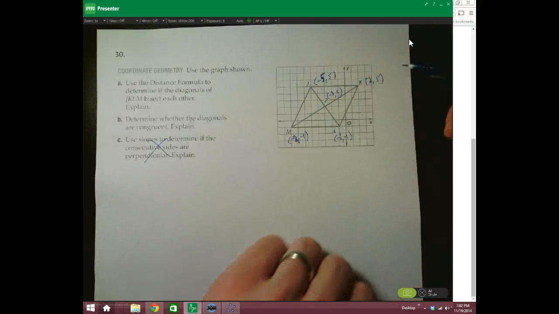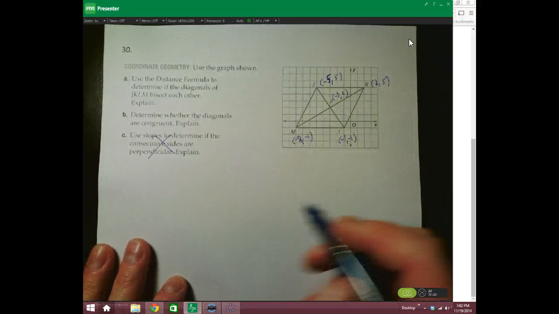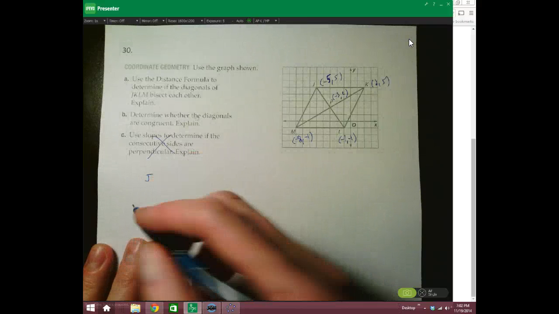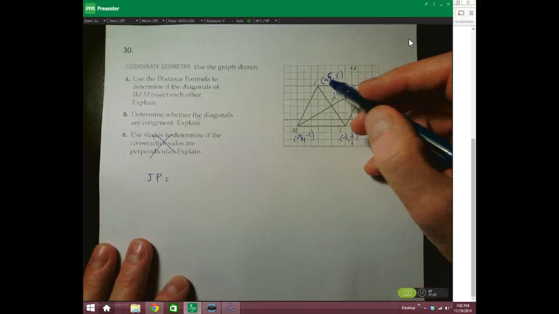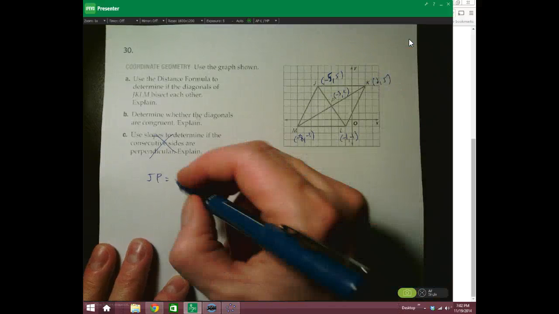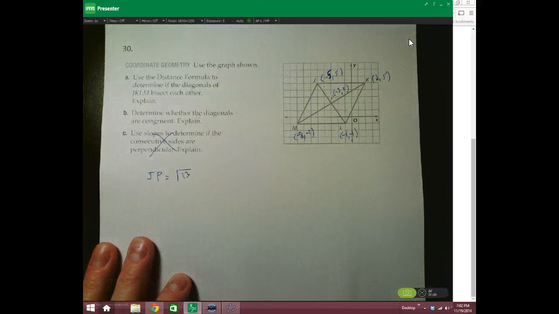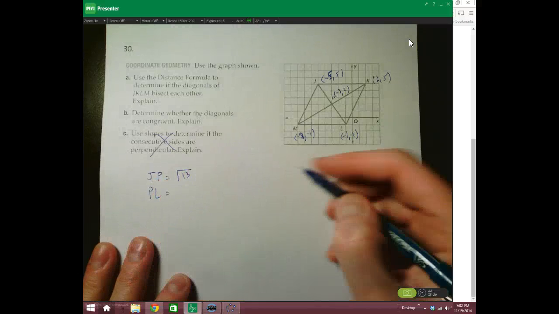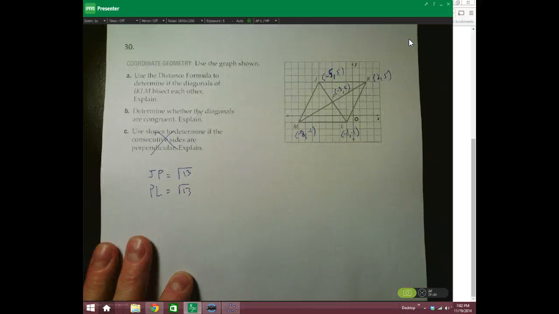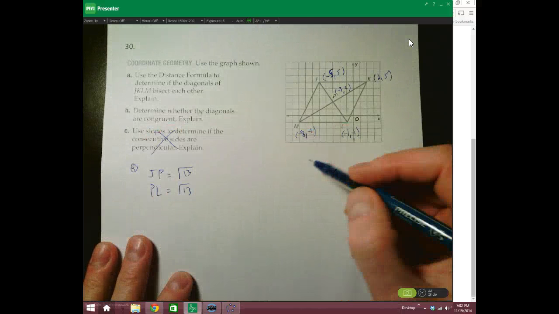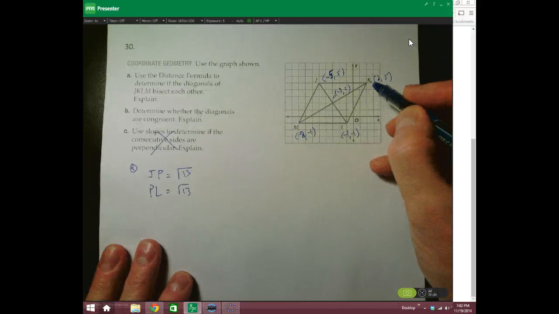It says to use the distance formula to determine if the diagonals bisect each other. So all I have to do is the distance from J to P and P to L, K to P and M to P. Just because otherwise you're going to stare at me doing the distance formula for 5 minutes, I'm just going to say I worked it out. What I get for distance for JP is the square root of 13. And when I do the length of PL, I get also the square root of 13. So this is part A still. So far, P is the midpoint of J and L. Now the next question is, is it the midpoint of K and M?